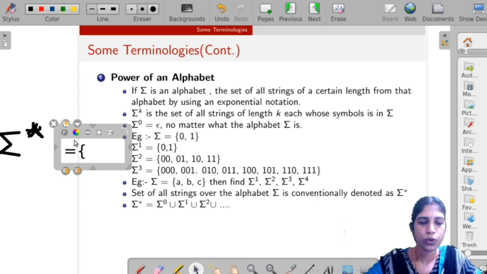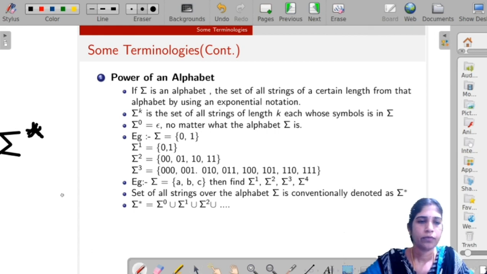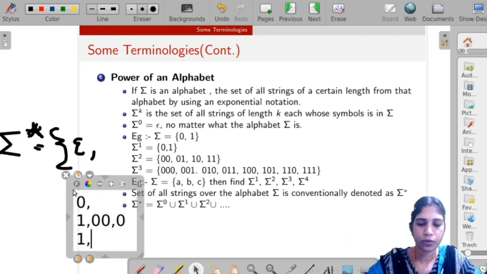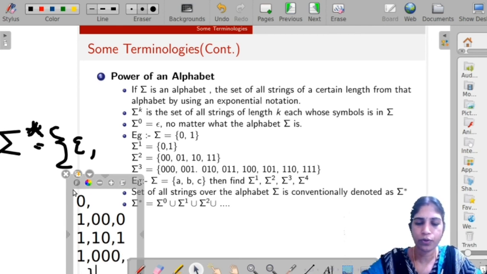Take the example sigma is equal to the set {0, 1}. We have first epsilon, which is the set {epsilon}. After that epsilon we have 0, 1, 00, 01, 10, 11, 000, etc., strings of any length.